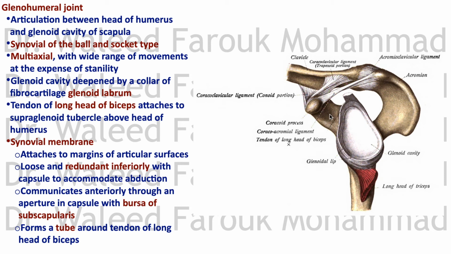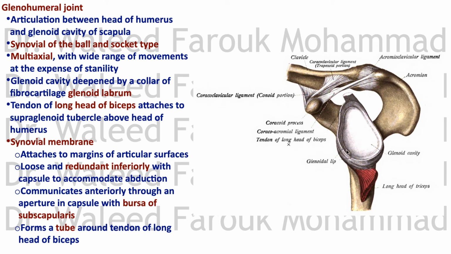Okay, the synovial membrane attaches to the margins of the articular surfaces, and below it's redundant, because when we abduct the arm, the head goes down, so it must provide a space, redundancy for the descent of the head in abduction.